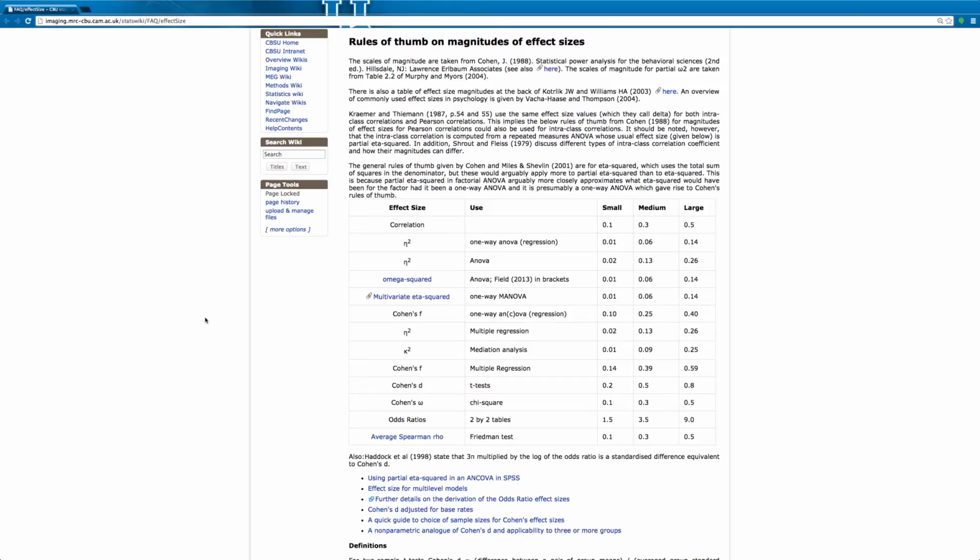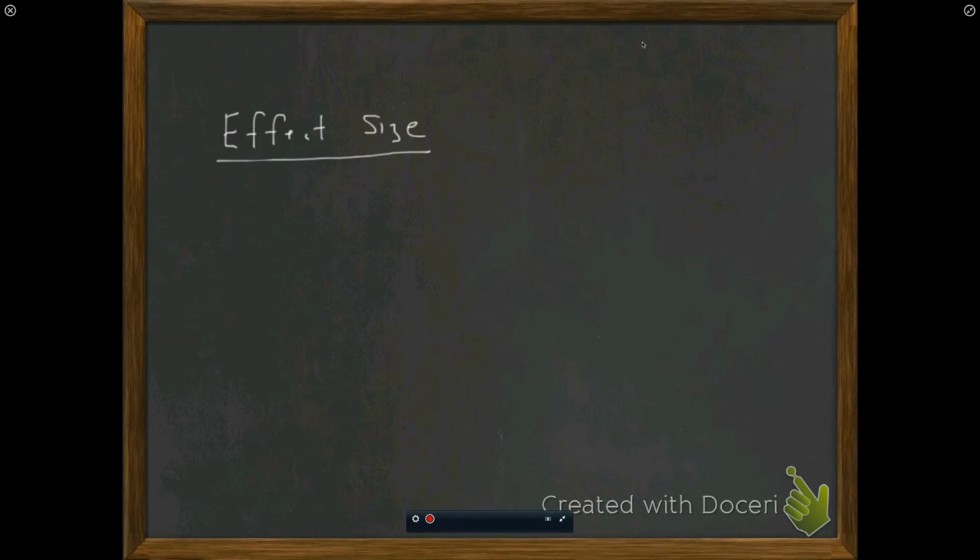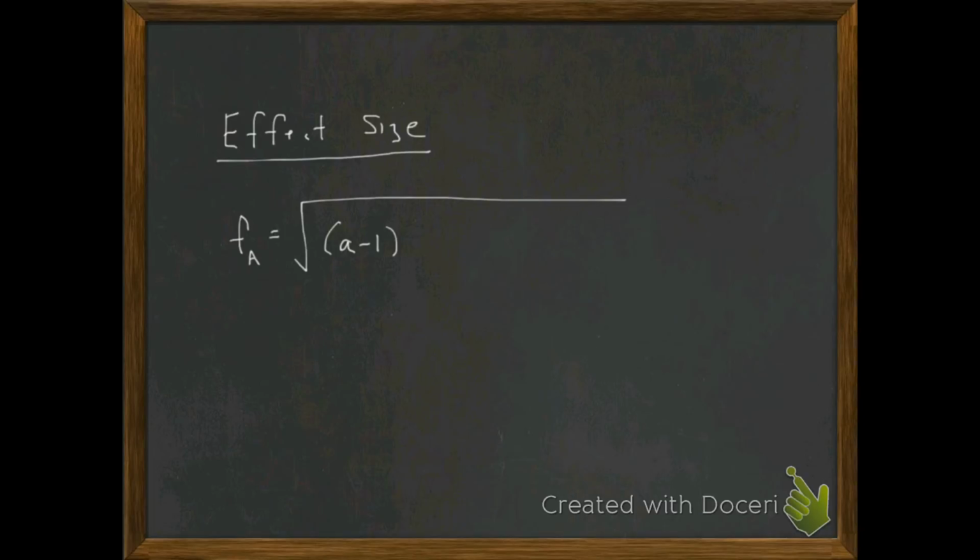It turns out that the way we calculate the effect size for a two-way ANOVA, if we want the effect for factor A, we're going to take the square root of the number of levels for factor A times the F statistic, the test statistic for that factor, divided by the grand sample size.